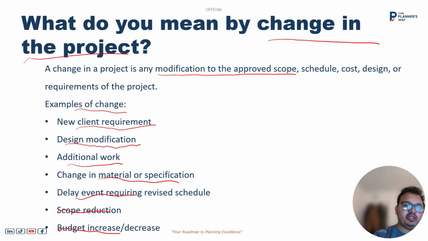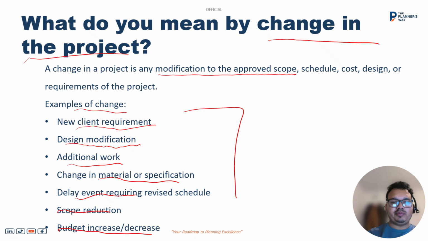Budget increase or decrease: sometimes when the client spends more budget in the financial year, then they need to cut down the budget, so that is also a change in the project. So these are some examples of change in the project. We can have more changes depending upon the project requirement.